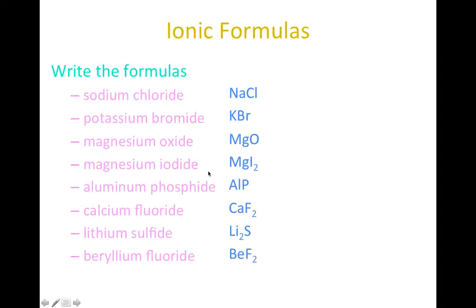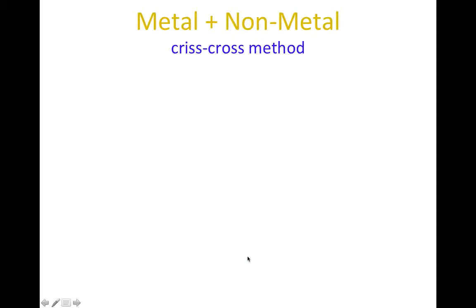For magnesium iodide, magnesium, if you look on the periodic table, has a +2 charge, where iodine has a -1. So it's going to take two -1 iodides to balance the +2 magnesium. The same for calcium fluoride. Lithium sulfide, lithium is +1, sulfide is -2. Beryllium fluoride, +2 beryllium, -1 fluoride makes it BeF2.